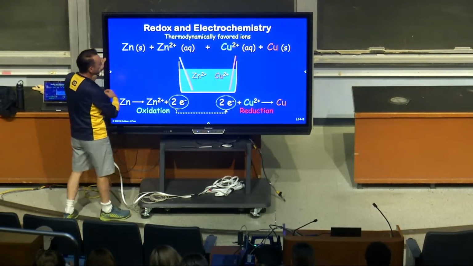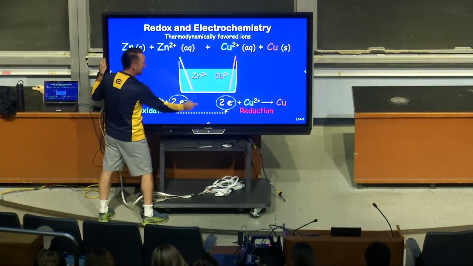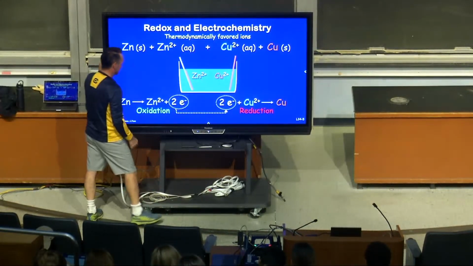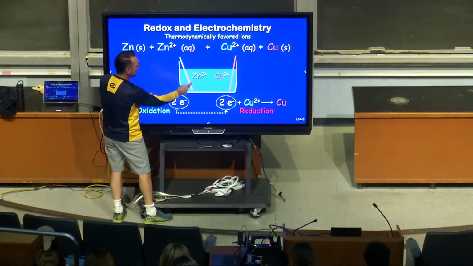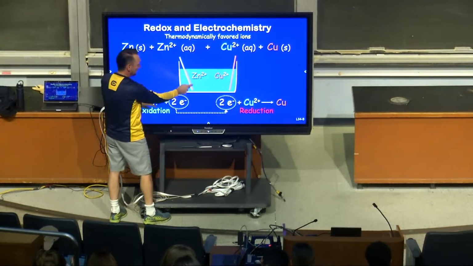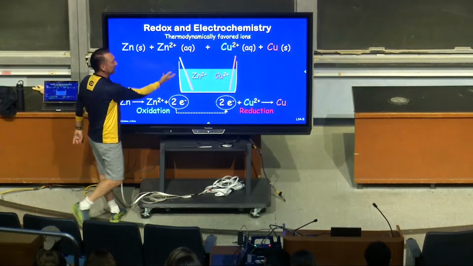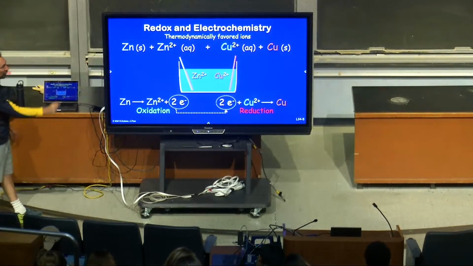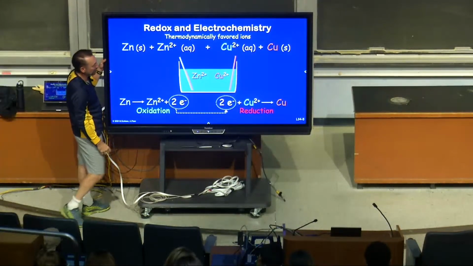So thermodynamically favored direction is for these 2 electrons to be the same 2 electrons. Zinc forms zinc ions. It has these 2 electrons essentially waiting for copper ions to come over here and form copper metal. And you'll see the copper metal just form right on top of the zinc metal surface.